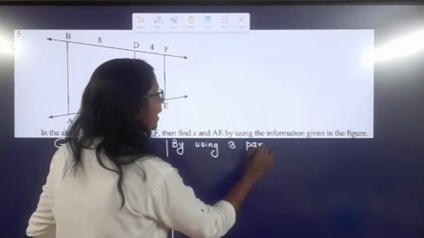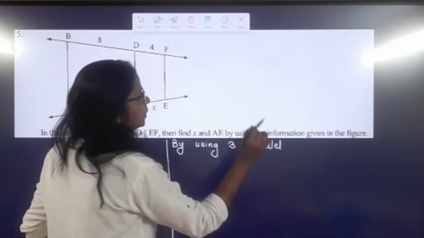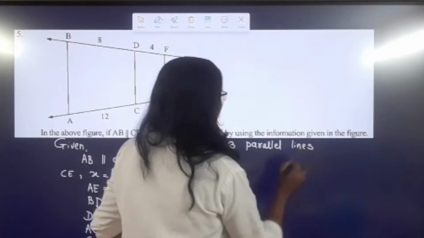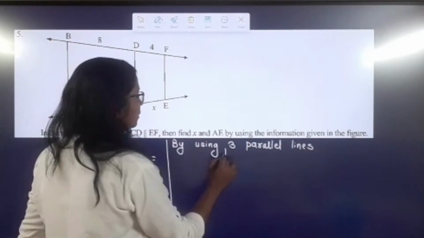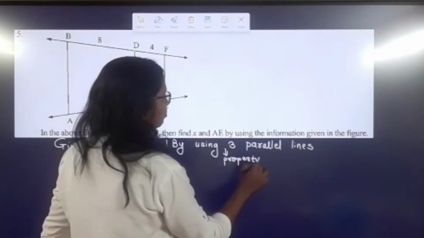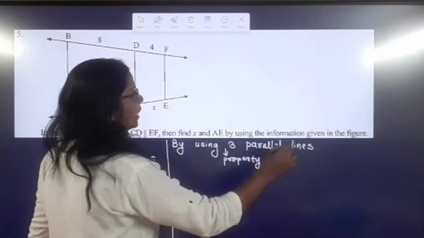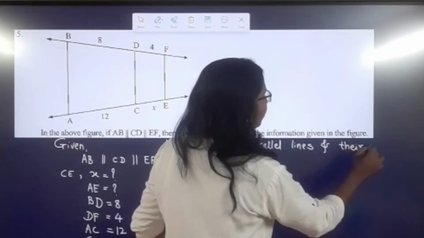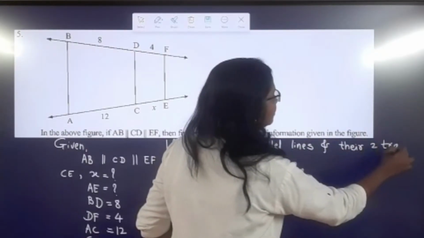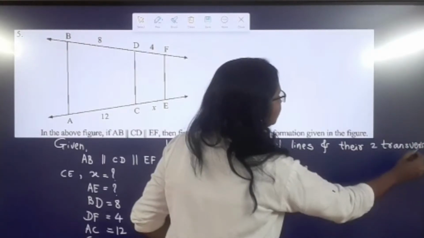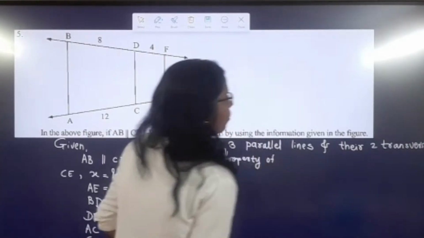So I write here that by using the property of three parallel lines and their two transversals, there are two transversals.